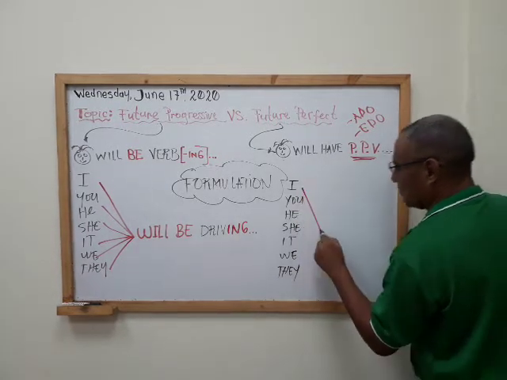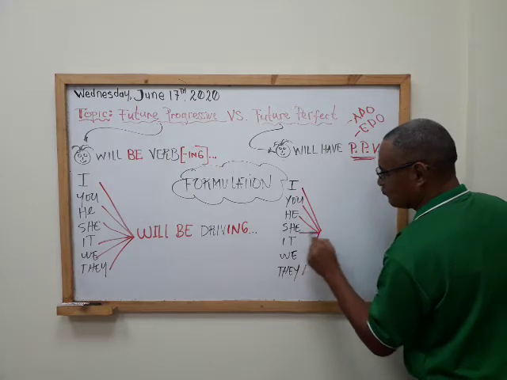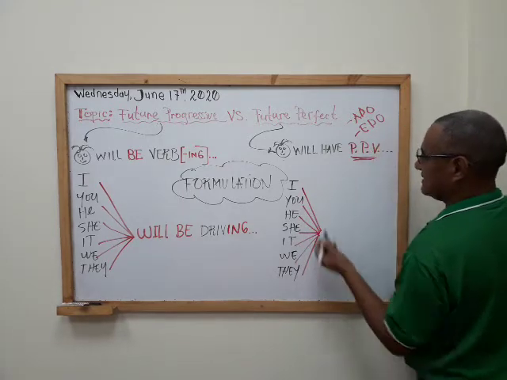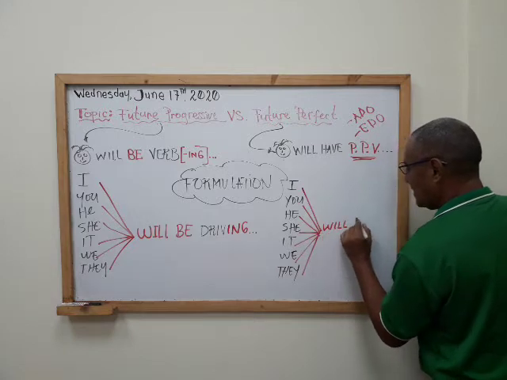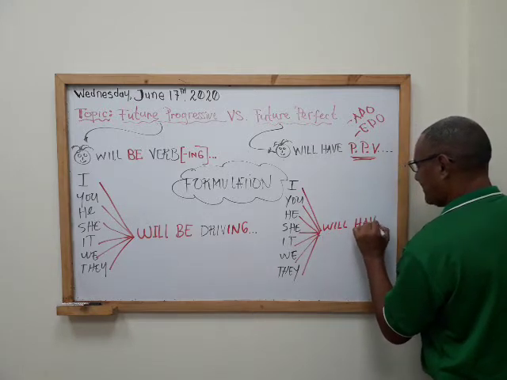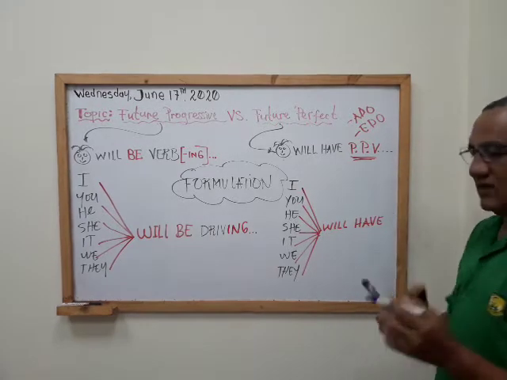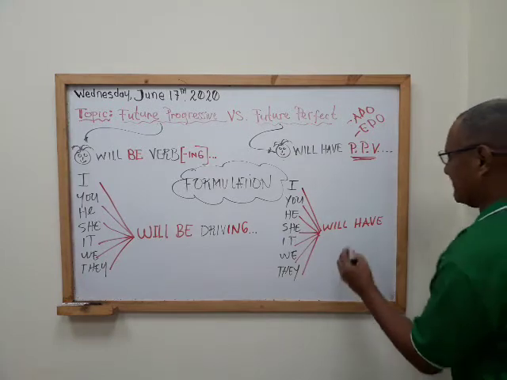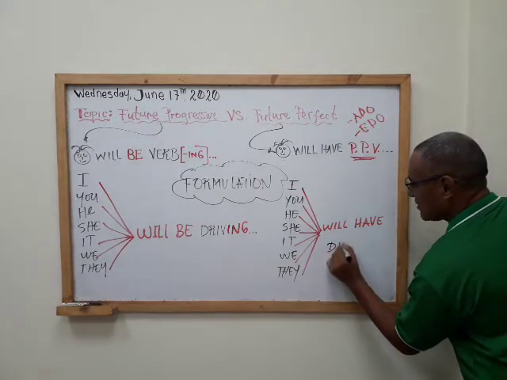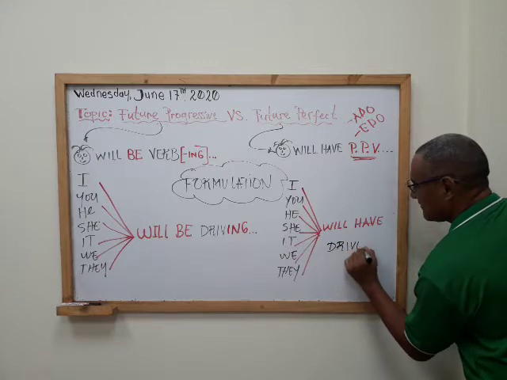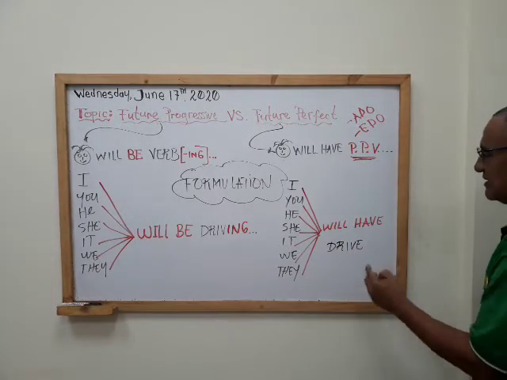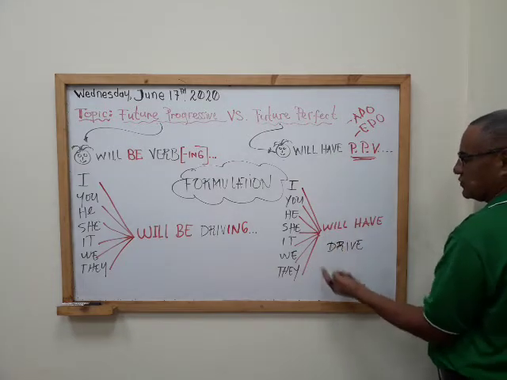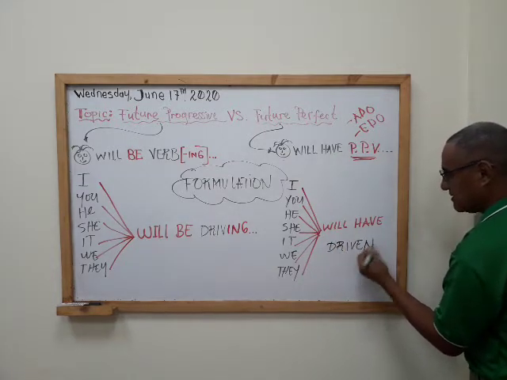We place will have for all of them. Drive. But remember that here we need the past participle of the main verb. The past participle of drive is driven.